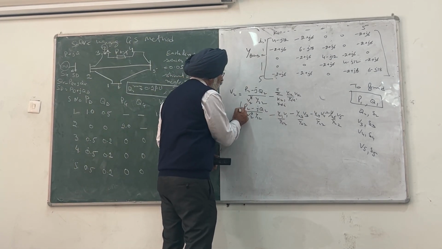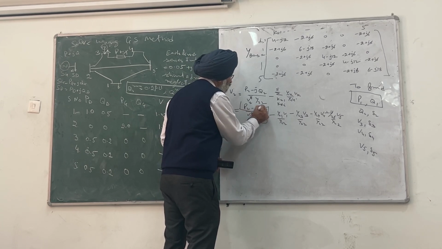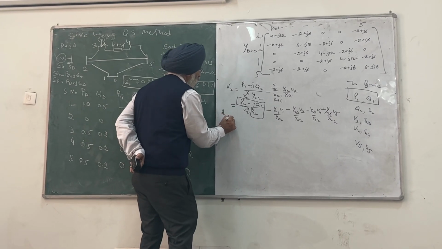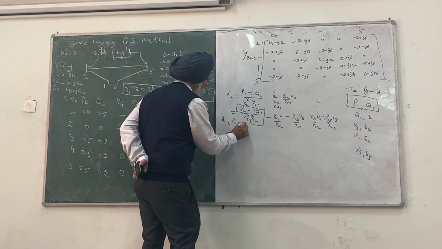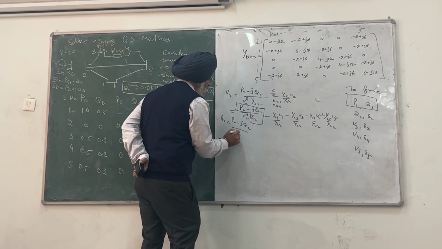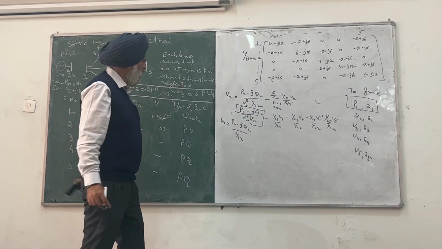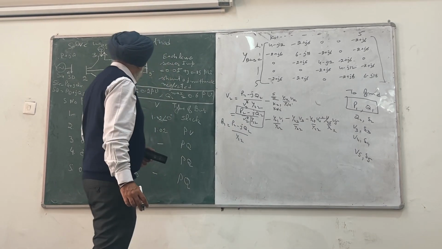Before we start, we need to find A2, which is equal to P2 minus J Q2 upon Y22.